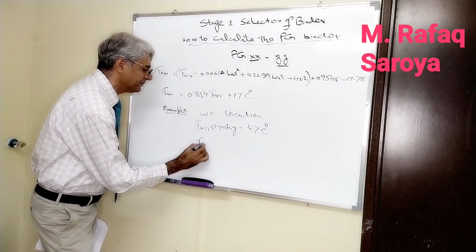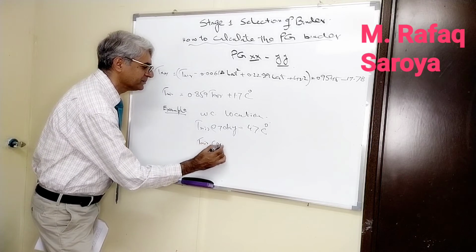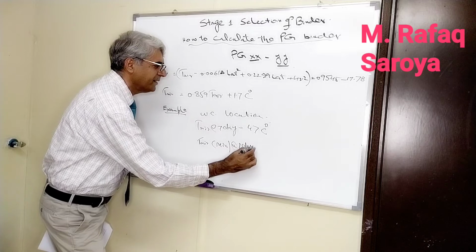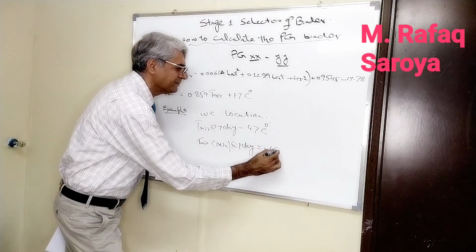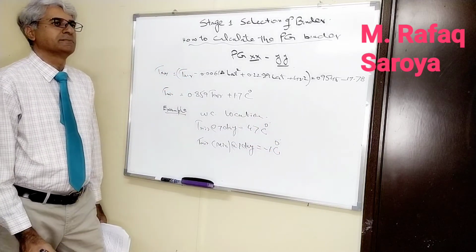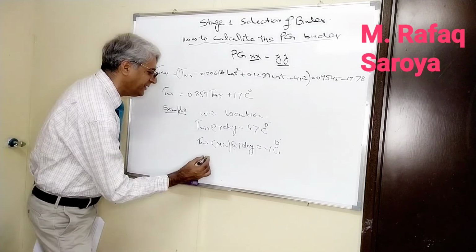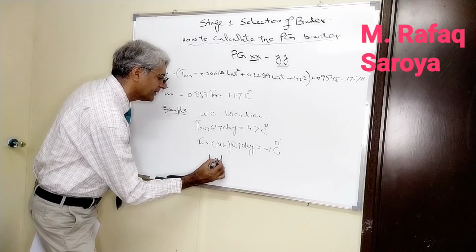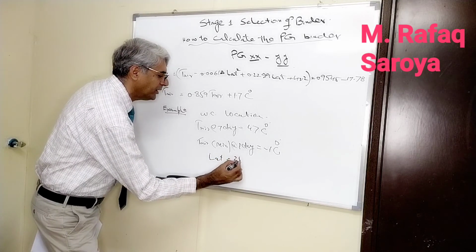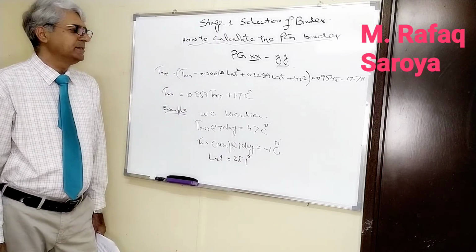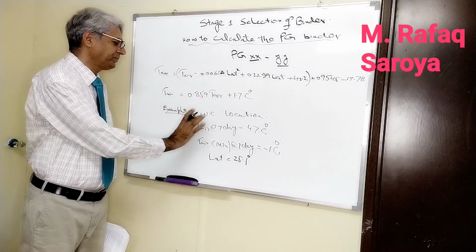T air for the minimum, at the rate of 1 day, is equal to -1 Celsius. And the project location's latitude is 25.1 degrees. Keep this in mind in this example.